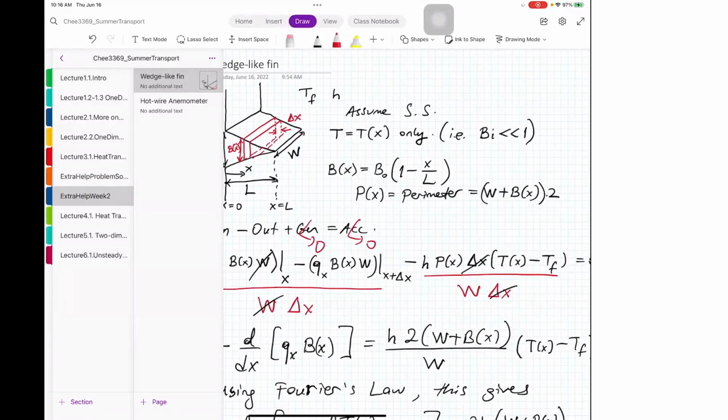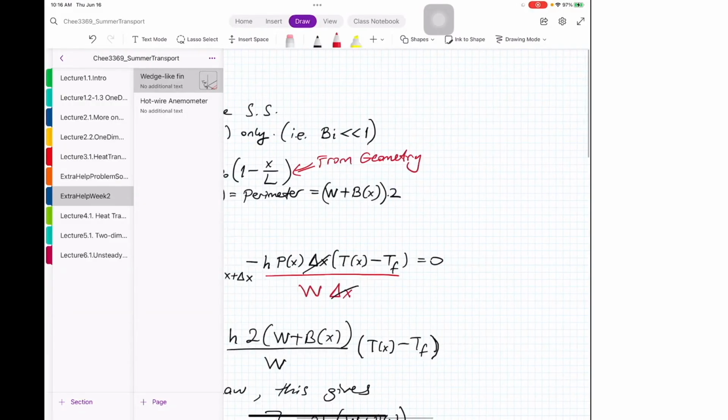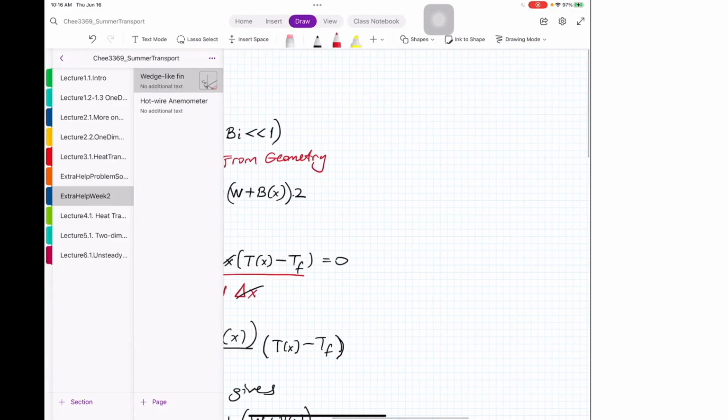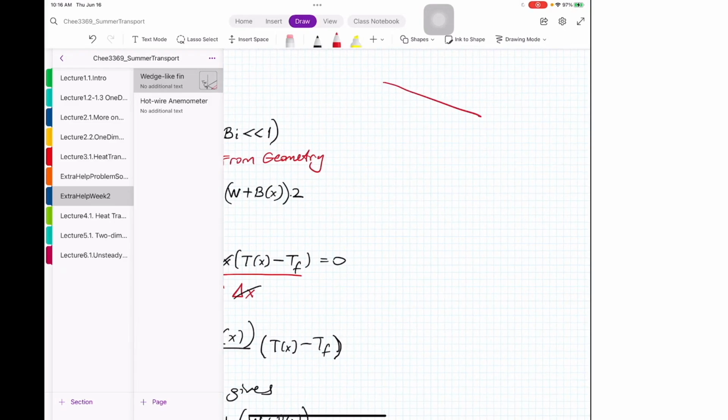So let me be more specific from geometry. Imagine you have this triangle, right? b0, correct?